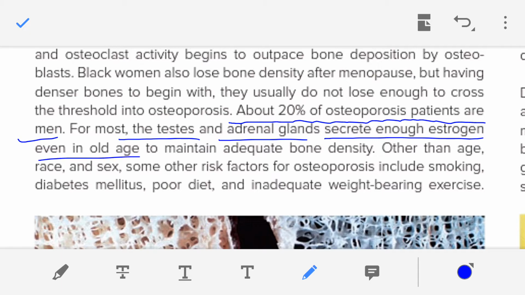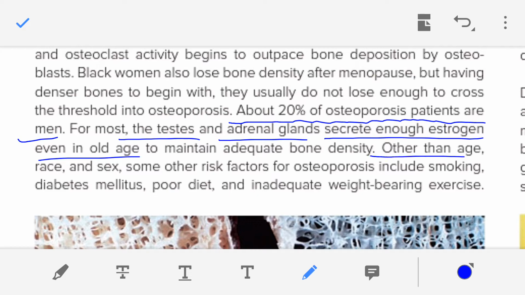So a sufficient estrogen level is present in the male body, and due to that, osteoclast activity is not activated and osteoblast activity continues. So bone deposition takes place, and bone density is maintained in men at all ages.